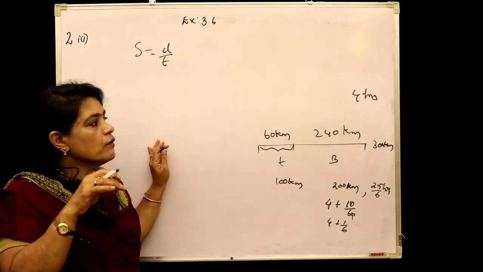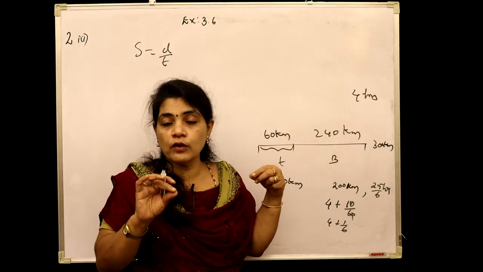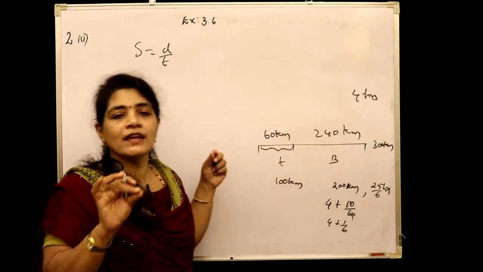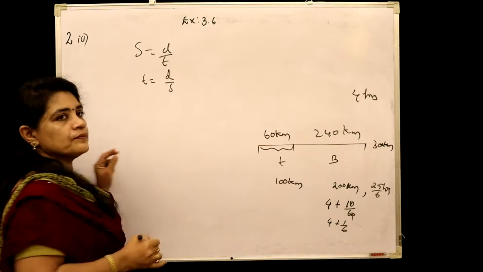Since we have been given the total time taken for the journey, that is 4 hours, with respect to time we can write this equation, that is T is equal to D by S.